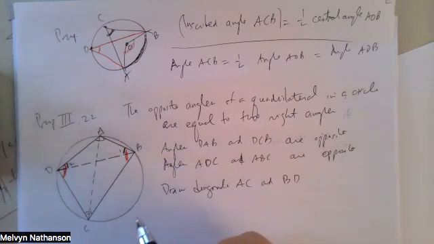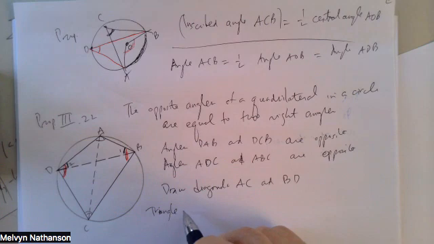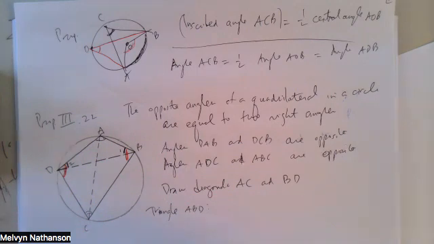So we have triangle ABD. And in this triangle, the sum of the angles in a triangle is 2 right angles, or pi. It's 2 right angles.